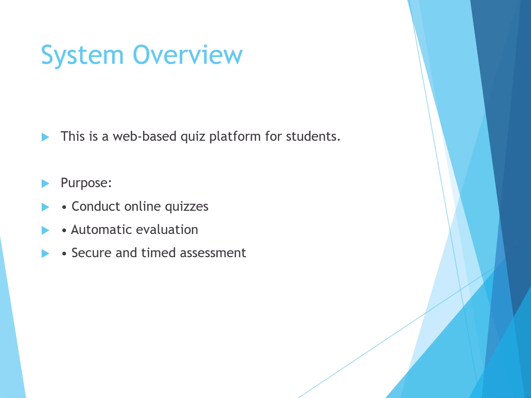The main goal of the system is very simple: students take quizzes online and the system evaluates automatically and results are shown instantly. The system must be secure, timed and reliable because it is used for academic assessment, right?